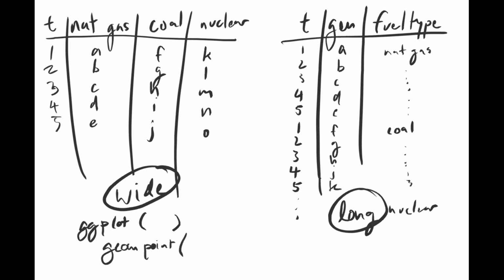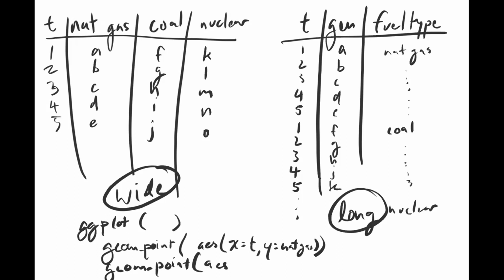If you wanted to look at them individually, you could do aes with x equals T, y equals nat gas, and do one separately for each column in a wide format.